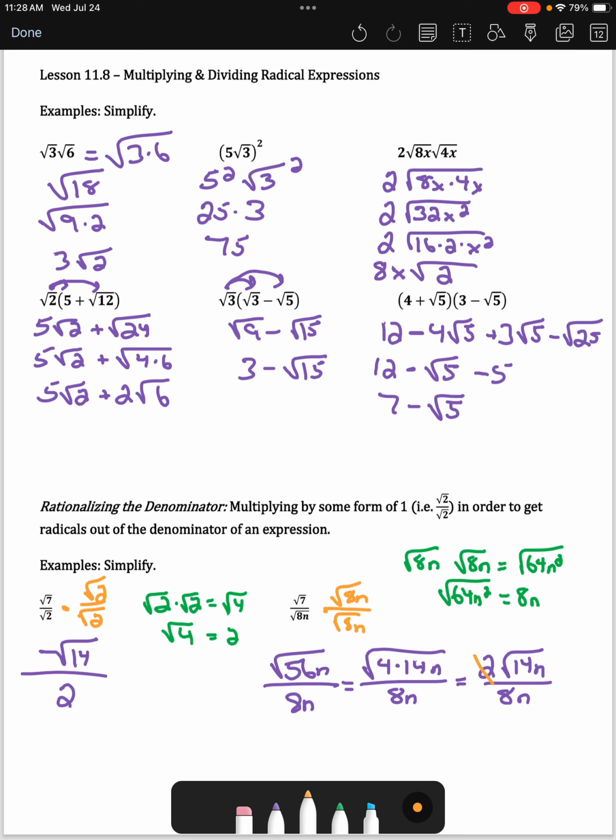And specifically here we're looking at the 2 and the 8, which become a 1 and a 4 respectively. So what does that mean for our final answer? Well, I'm not going to write the 1 because 1 root 14n is just root 14n. The denominator, the 8 became a 4. I can't ignore the n. Our denominator is 4n.